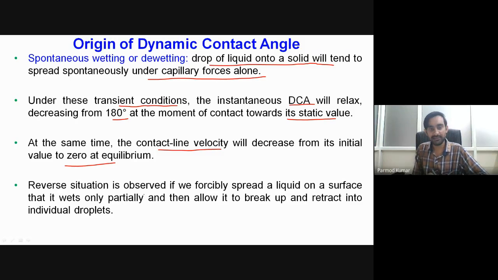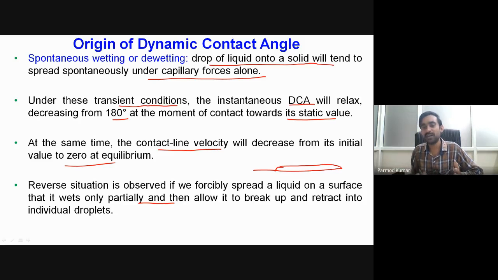Okay, and the reverse of this situation is observed if we forcibly spread a liquid on a surface that wets partially. If we consider a hydrophobic surface and place a thin film of liquid over it, what will happen? The nature of the surface is such that it cannot take a very small contact angle.